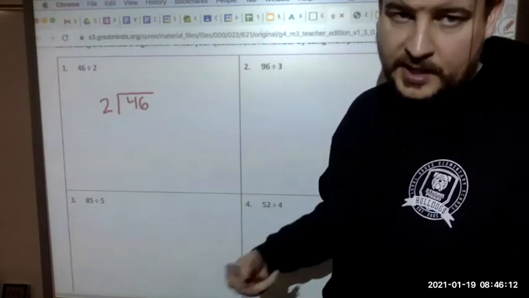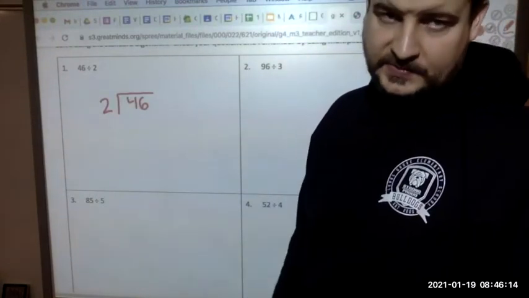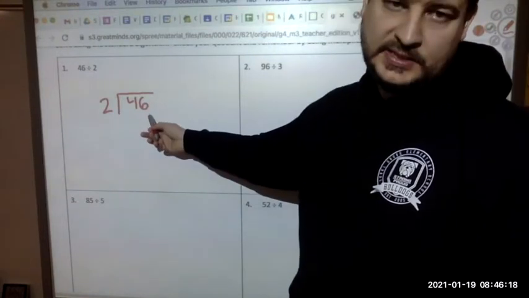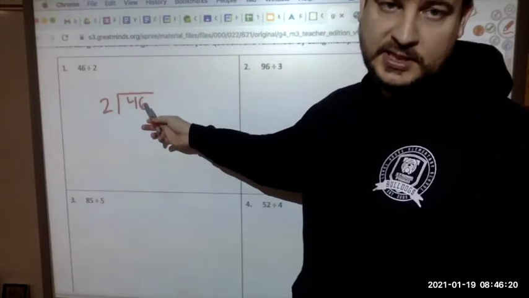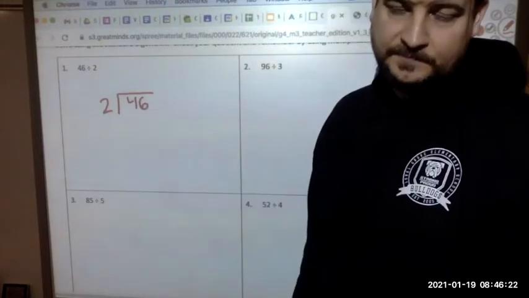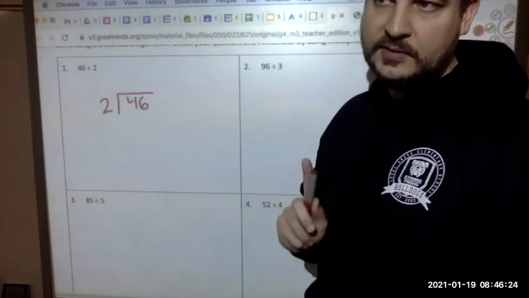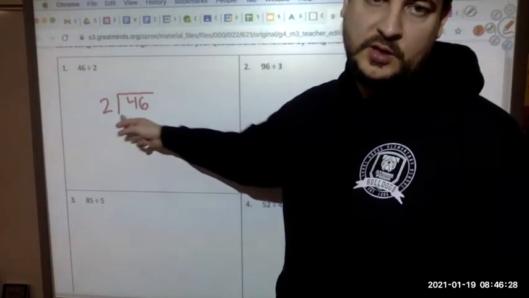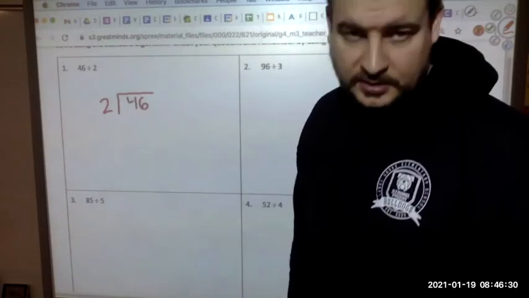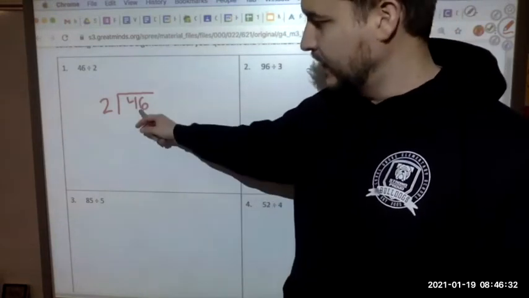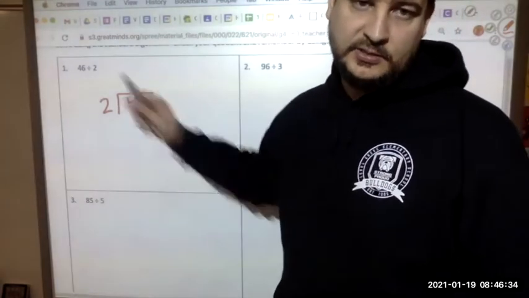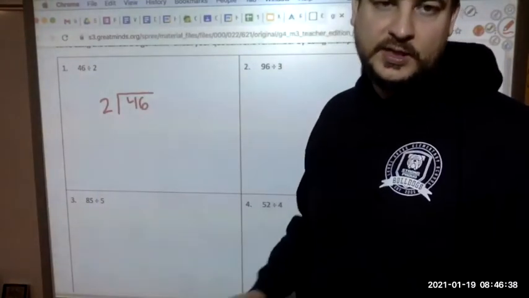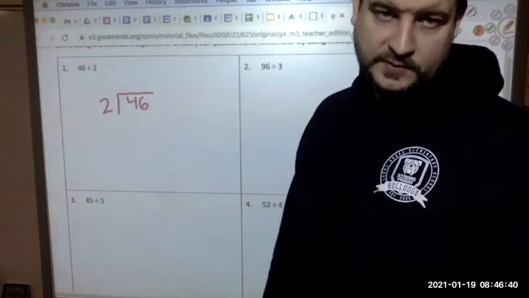I don't know my times tables up that high, especially even with 2, but I do know that 46 is an even number. If the number's even, that means it's composite. The only even prime number is 2. So what that means in fancy math talk is that I can divide 46 evenly by 2. I won't have a remainder because it's even. All even numbers have a factor of 2.